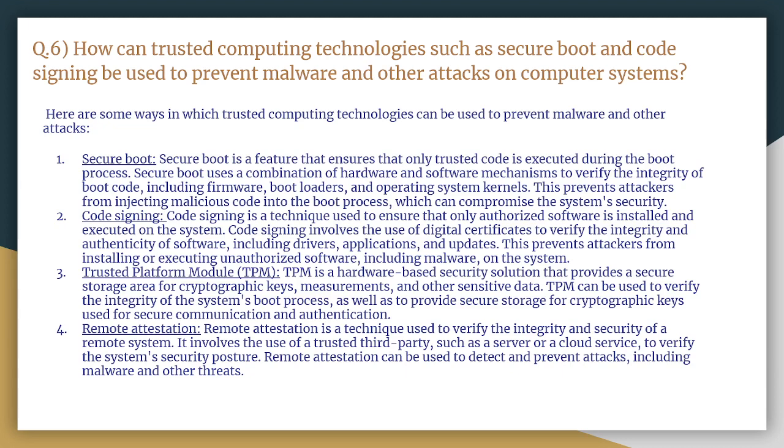Trusted Platform Module (TPM) is a hardware-based security solution that provides a secure storage area for cryptographic keys, measurements, and other sensitive data. Remote attestation. Remote attestation is a technique used to verify the integrity and security of a remote system.